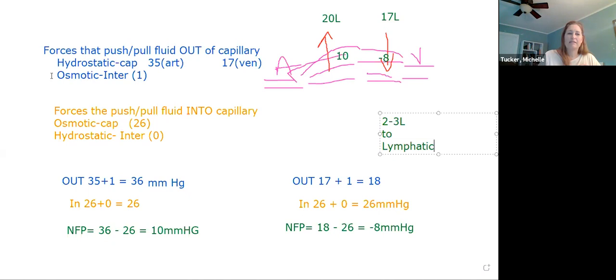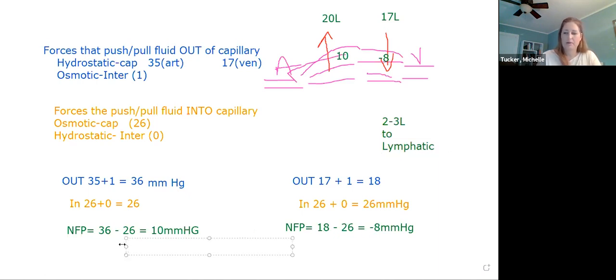And then the tissue osmotic and hydrostatic tend to be very minimal. Unless you're under a disease process, they kind of fall out of the equation. But if you are given hydrostatic and osmotic pressures, you should be able to calculate a net filtration pressure and determine if it's going out of the capillary or into the capillary.